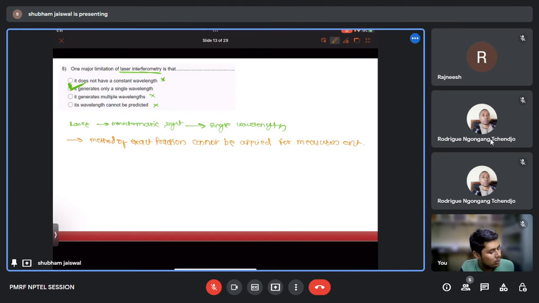And also the spot size or beam size of the laser will be very small, so we cannot cover the wide area or the broad area for the measurement. So this is the major limitation of laser interferometry.